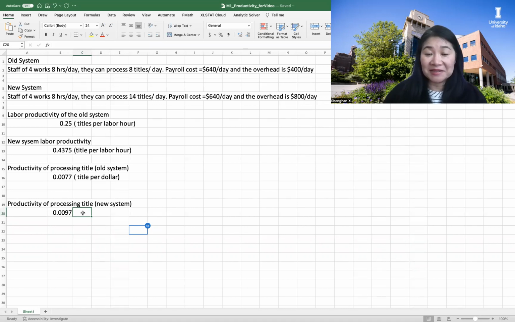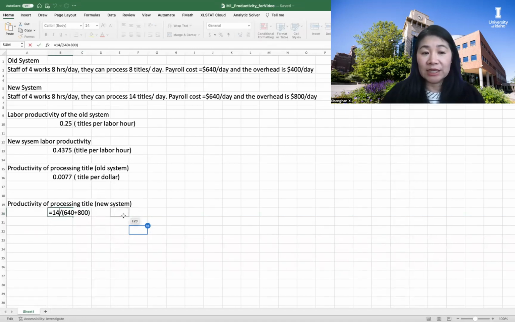Now this concept is important because when you talk about investment, and you want to increase the capital investment to increase the productivity, for each dollar amount you put in there, how many more titles you can process, you can increase. 0.0077, right?